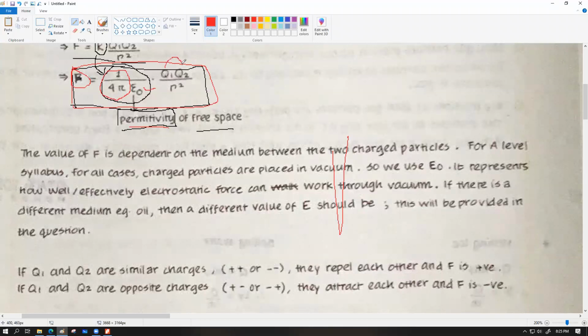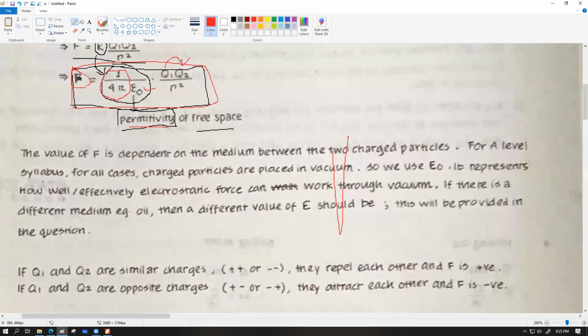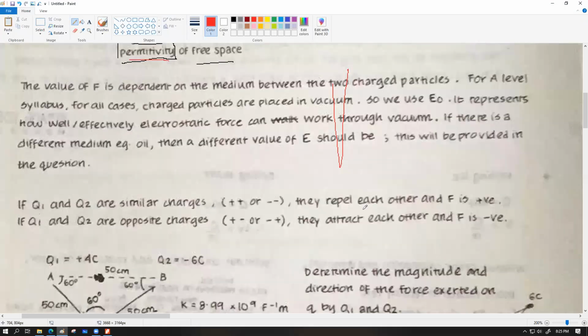If these two charges are opposite to each other, one is plus, the other is minus, they will attract each other. It means in that case, the product of these two numbers will be negative, which means F will have a negative value. This is the place where we talk that attractive forces are shown by a negative force, repulsive forces are shown by a positive force. This is exactly why the gravitational potential was an ever negative number.